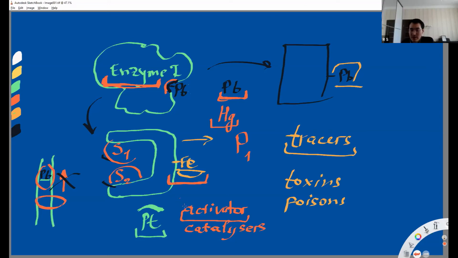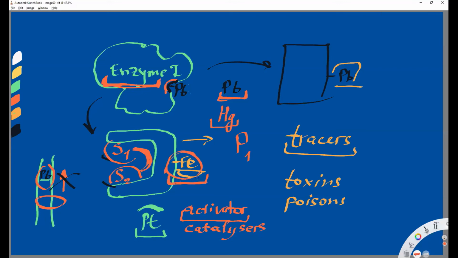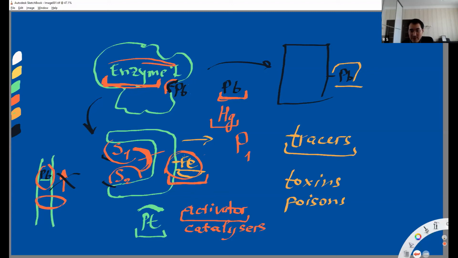Some of them really play a role in the formation of this catalytic center complex, and some just play a role in the activation. It doesn't mean that ferrum or iron cannot be the coenzyme for some of the enzymes. It just means that for this particular enzyme 1, it plays a role of activator, but in enzyme 2, it can play a role of the key element of the catalysis center.